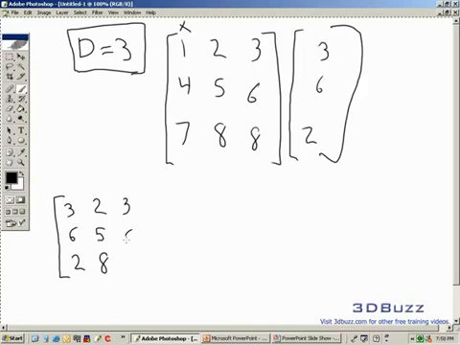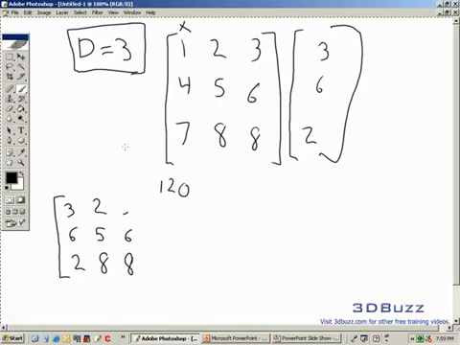3, 6, 8. So we've already done a whole bunch of 3 by 3 determinants. Should we do another one? Just one more won't hurt us. Okay. So, 3 times 5 times 8 is 40 times 3, which is 120. Actually, I'm going to erase and do the convention, because it's easier for me to work with.